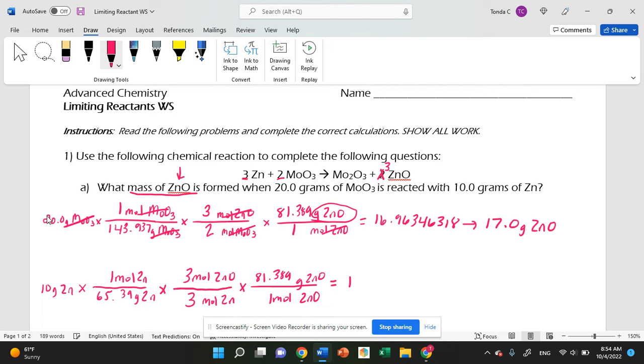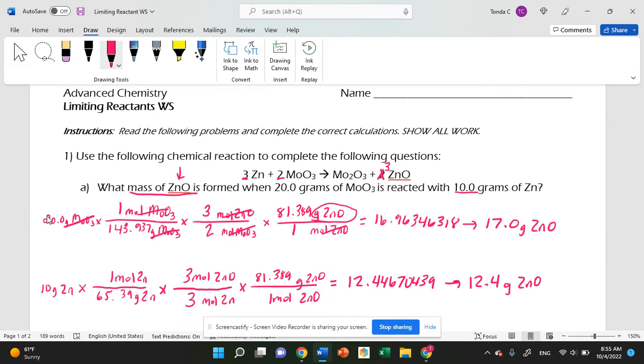This gives us 12.4467039. But to round to the correct number of sig figs, we need 3 because we're starting with 10.0, so 12.4 grams of ZnO.